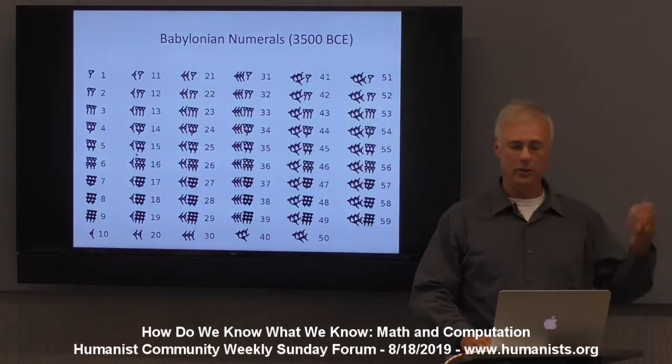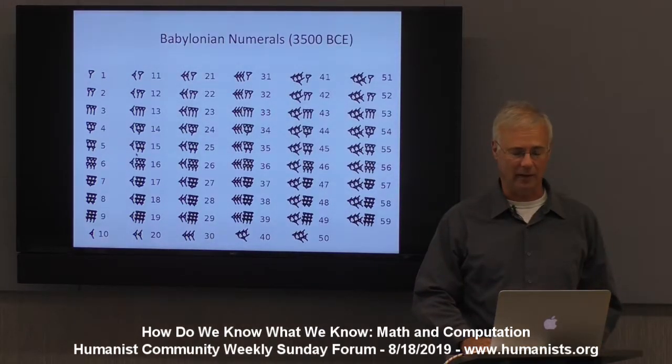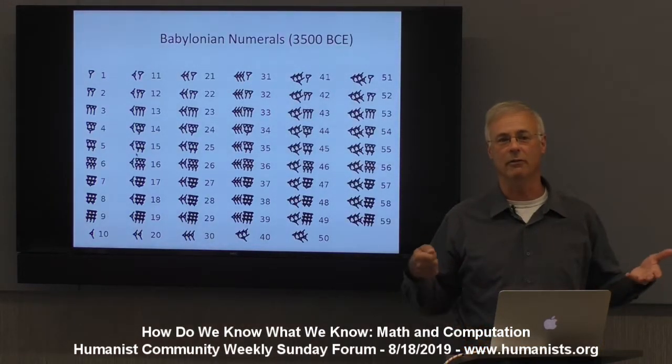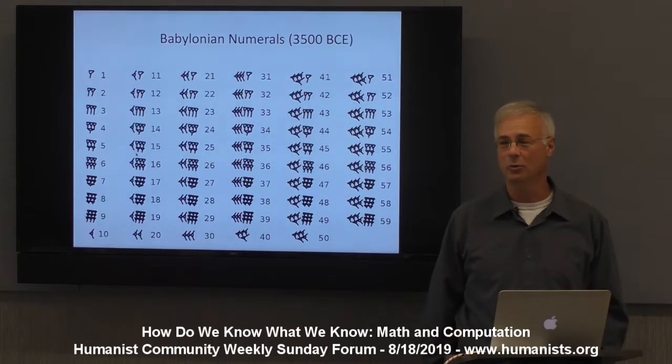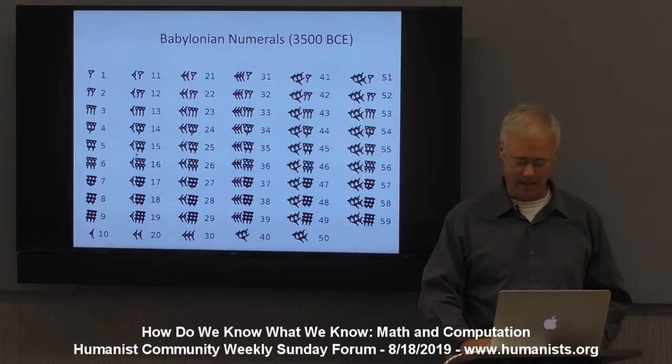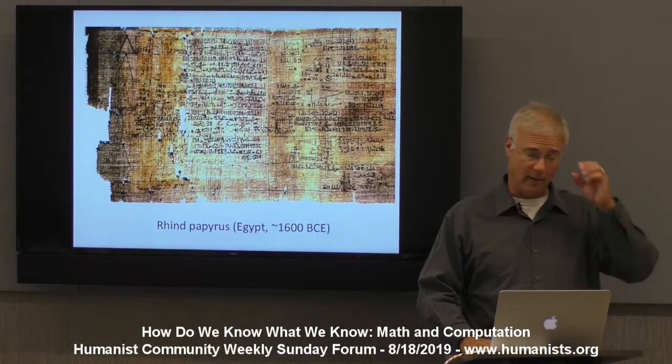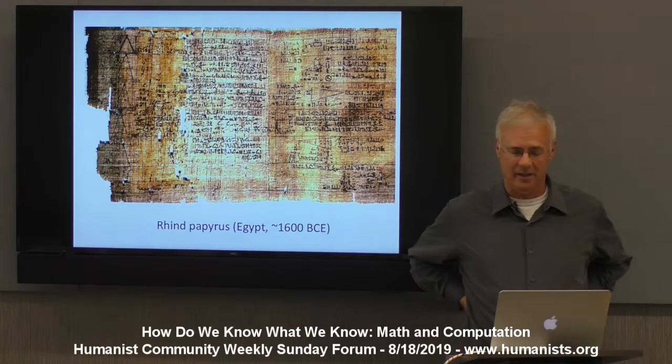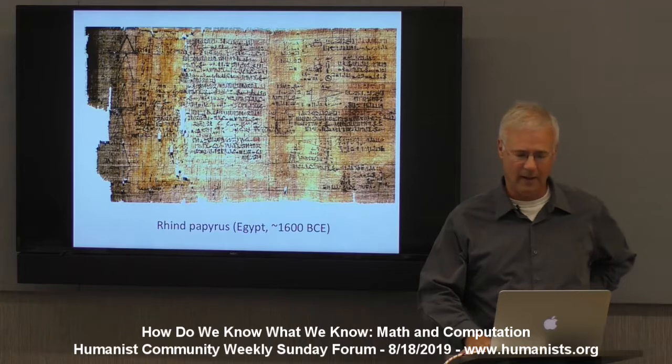So Babylonian numbers, they look like this, and the reason they look like this is because of the medium that Babylonians used to write their numbers down in. They used clay tablets, so they made numbers that were easy to write down in clay. Here is a papyrus from Egypt, 1600 BCE, so 1,000 years before the start of science.